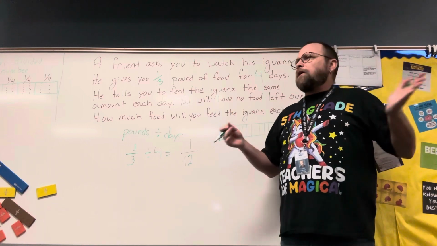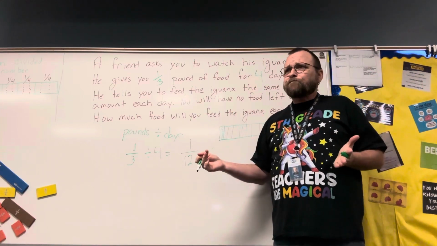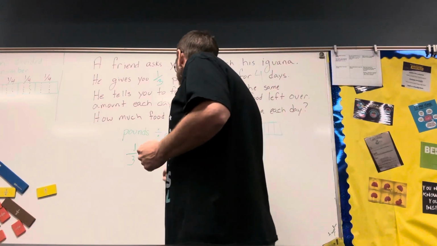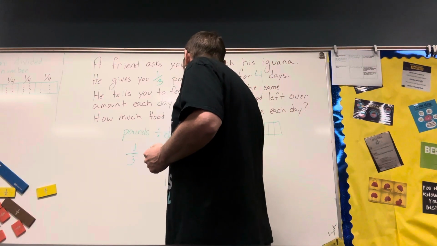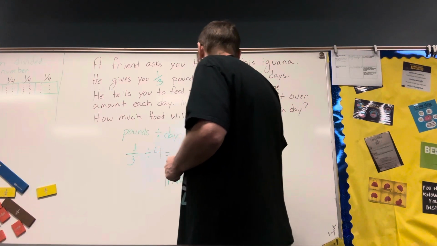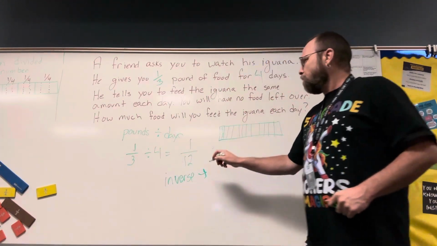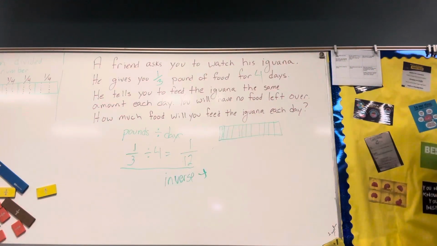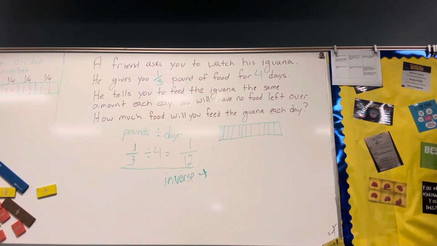Now, one of the things you're going to have to look at today is the inverse operation. So if I asked you, here's my equation, 1/3 divided by 4 equals 1/12.